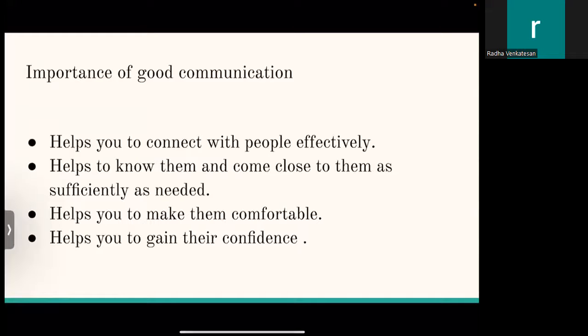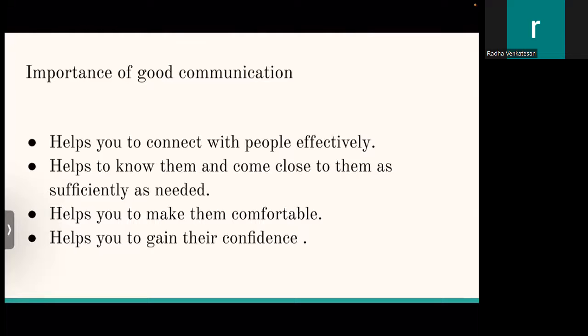Next comes the importance of good communication. Why is good communication needed? Why are we having one session itself on this? Because there is significance. Good communication helps you to connect with people effectively, helps to know them and come close to them as sufficiently as needed. Here also it's important to do it in the right quantity. And it helps you to make them comfortable.